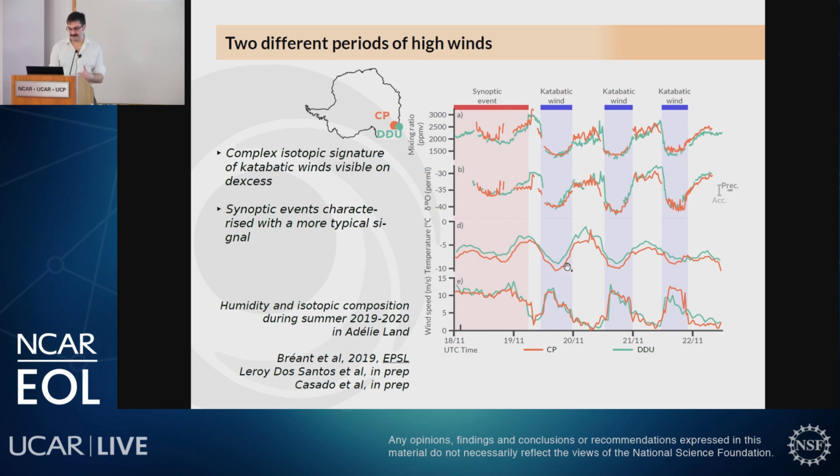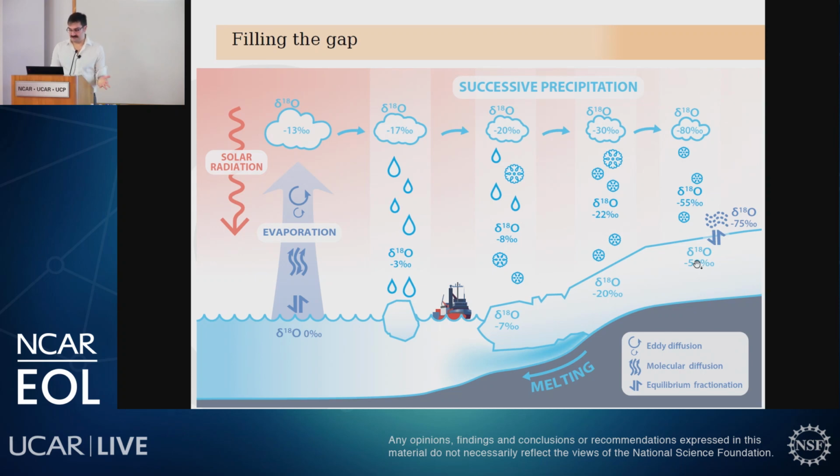Then this calmed down, and the changes of isotopic composition are purely driven by katabatic wind, those dry and warm winds coming from the continent. And in this case, the small difference in temperature for those two sites does not influence the isotopic composition at all. And so again, this is a very contrasting world.